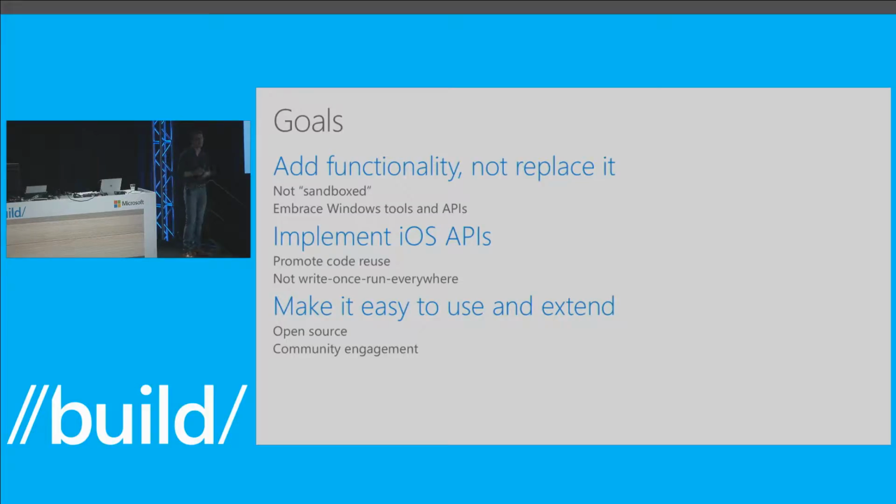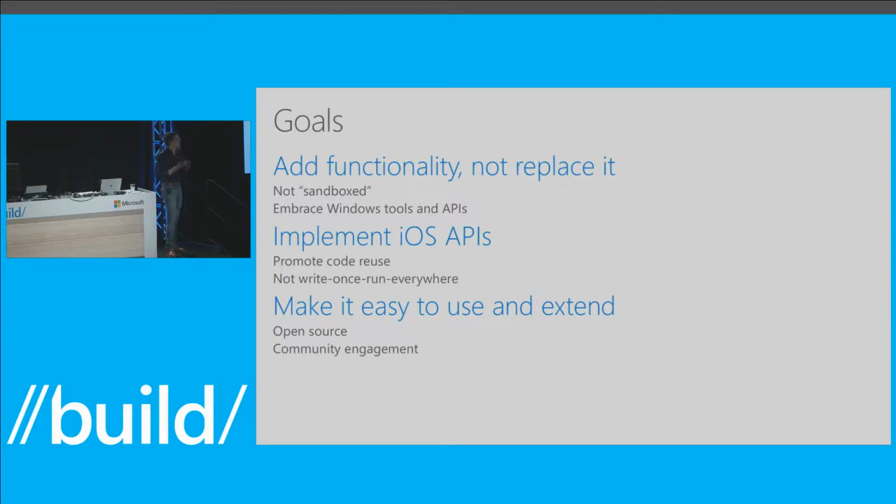Well, we could take your iOS app and stick it in a box and throw a skin on it and call it a UWP app, right? But that's actually a really bad experience for not just your users, because they're using an app that was really designed for another platform. But it's also a bad experience for you as a developer, because you wouldn't get to take advantage of all the really cool stuff that Windows has to offer.